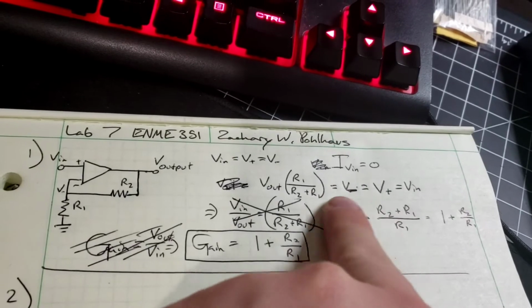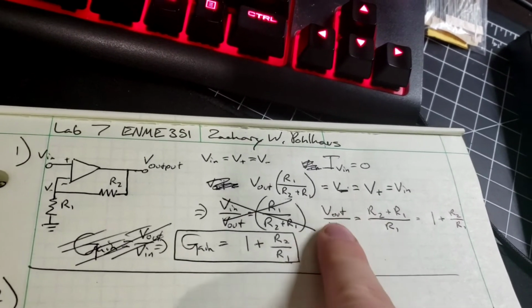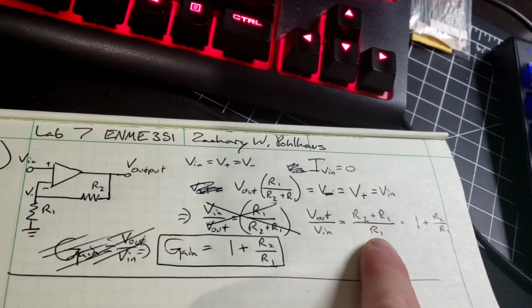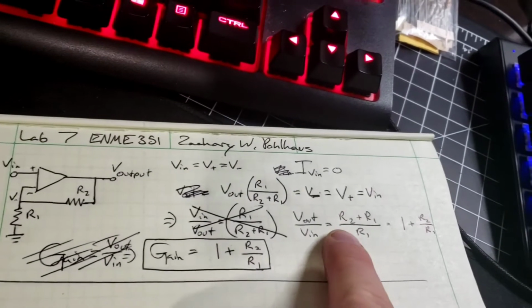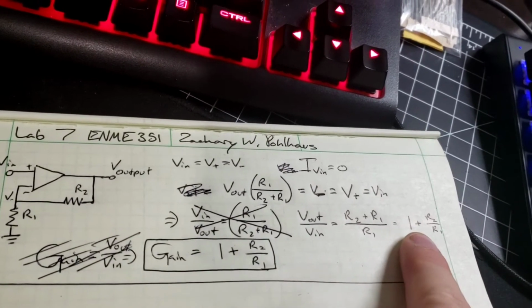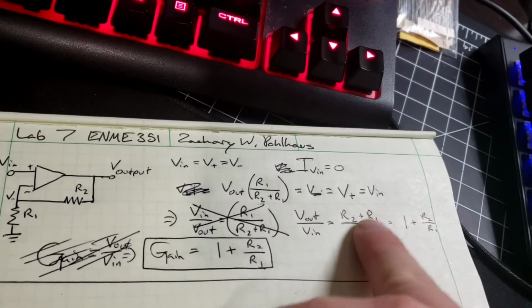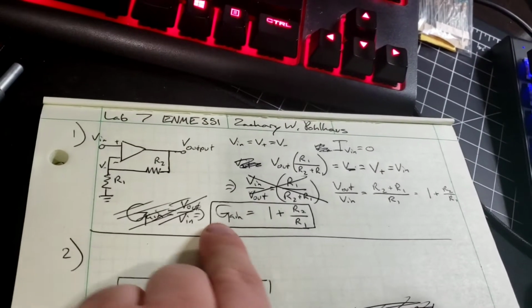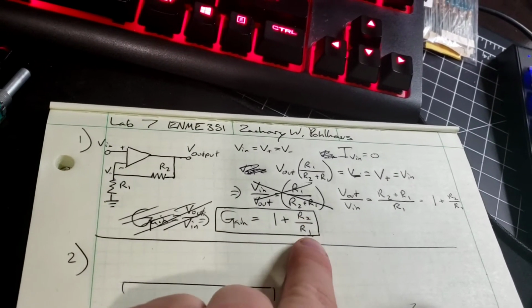Some basic algebra brings us down to V out over V in equals R2 over R1 plus R1 over R1, and then you just rearrange it, giving us a gain of 1 plus R2 over R1.